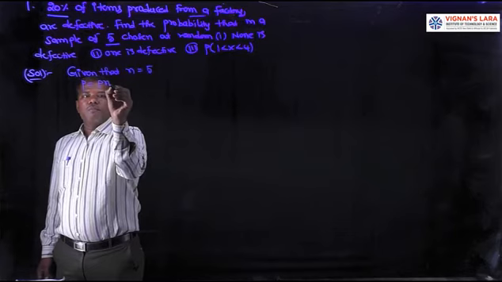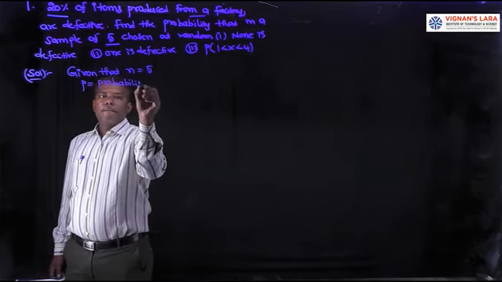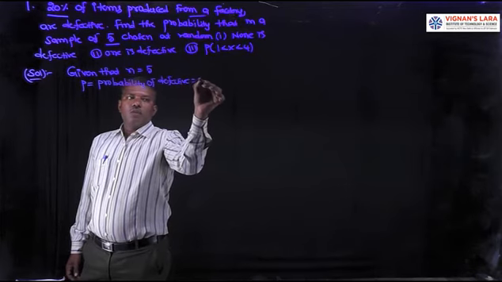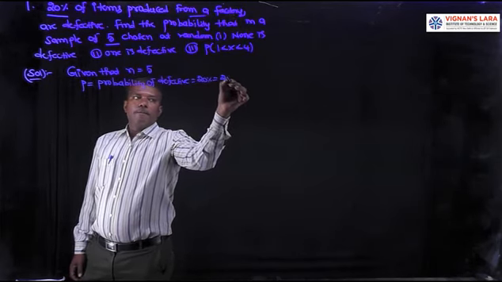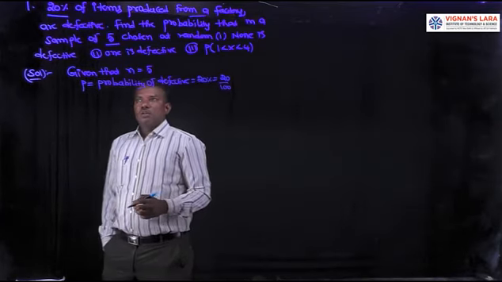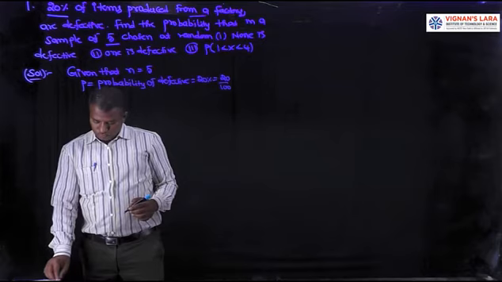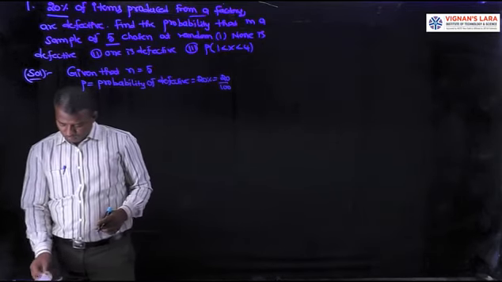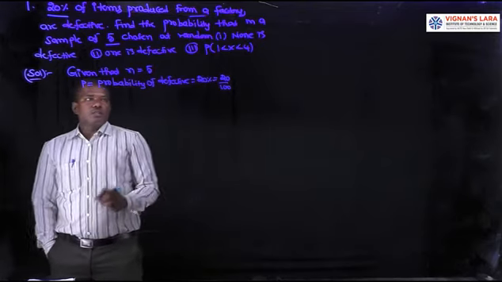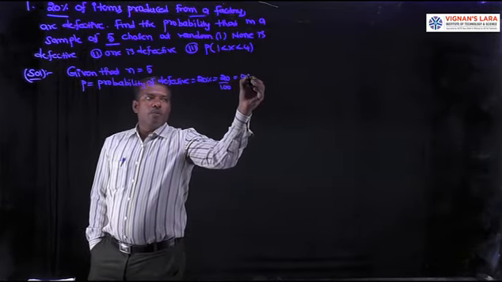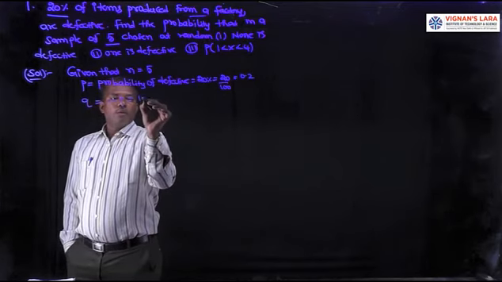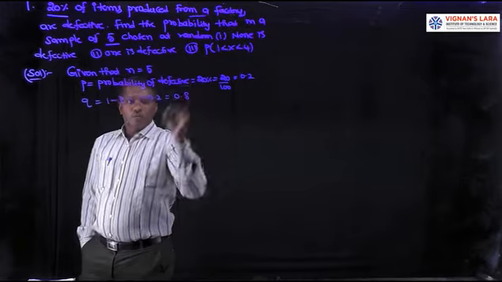Probability of defective item, that is 20%, 20 by 100, which equals 0.2, and Q is 1 minus P, 1 minus 0.2, that is 0.8.